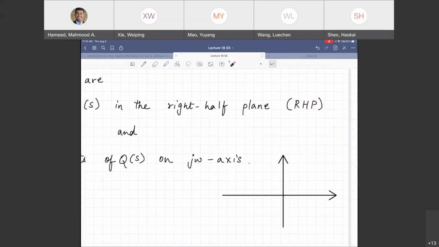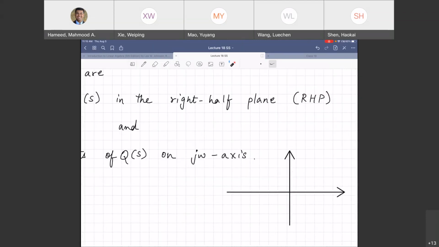So you cannot have something like this. However, you can have something like this. So I have got two roots on the j omega axis, right? This is sigma, this is j omega, this is my S plane. On the j omega, I have got two poles, but they are not repeated roots. They are not at the same location. That makes it marginally stable.